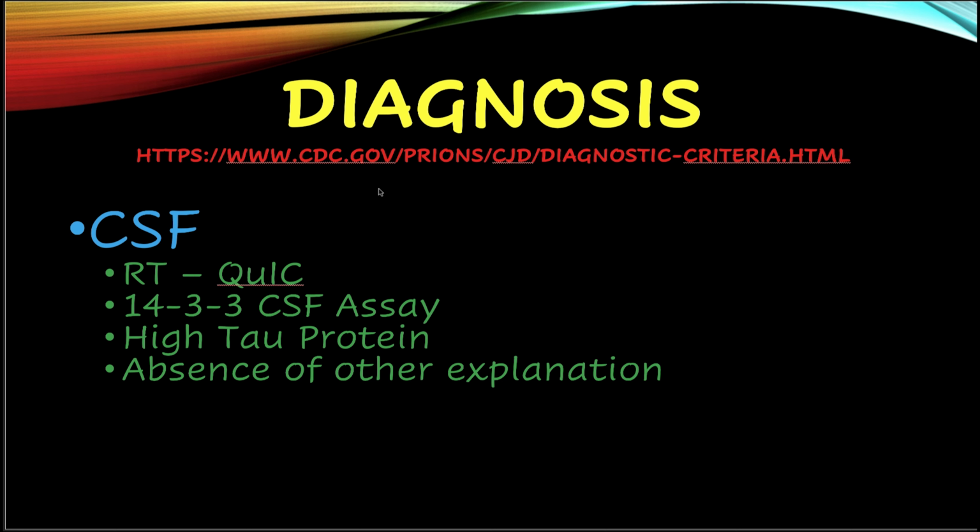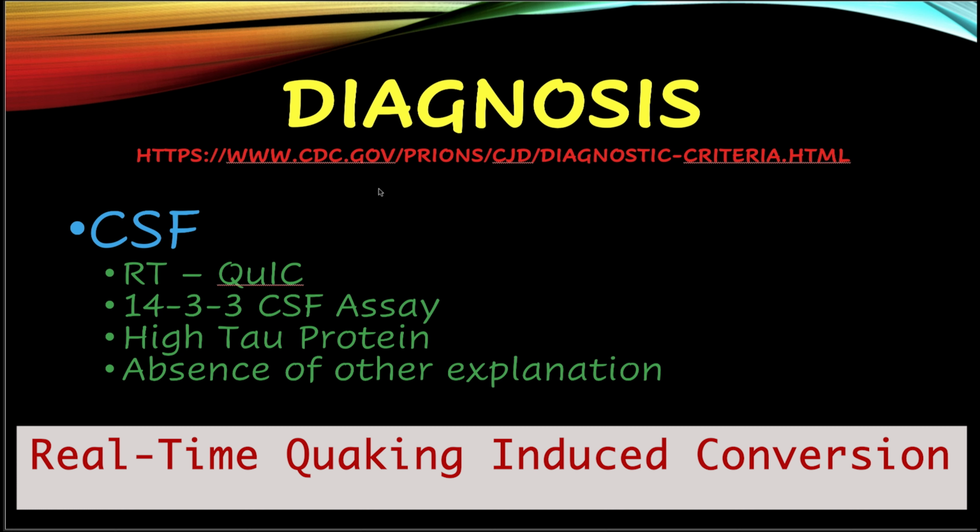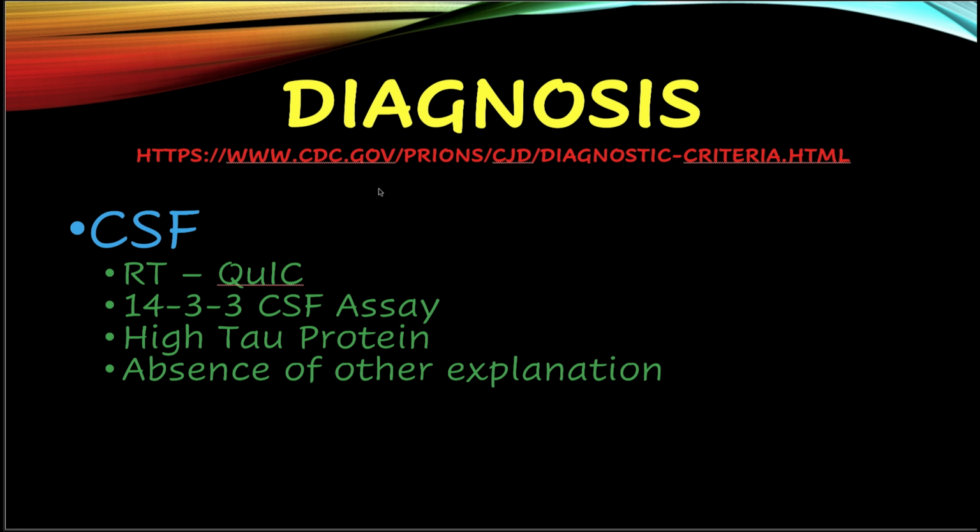If you suspect a patient having CJD, CSF is mandatory. You check for a test called RT-QuIC, which stands for real-time quaking induced conversion. This test specifically looks for the prion protein.